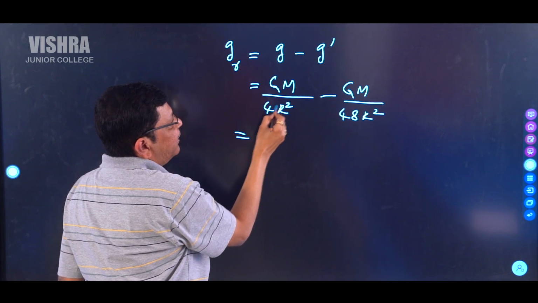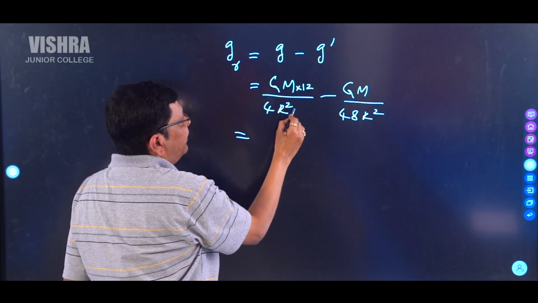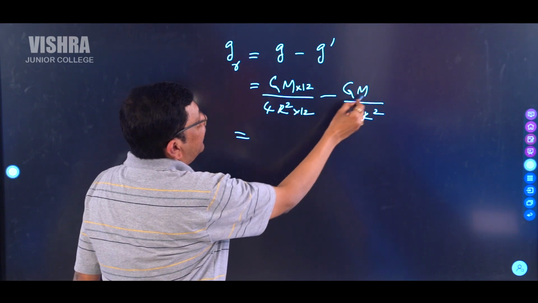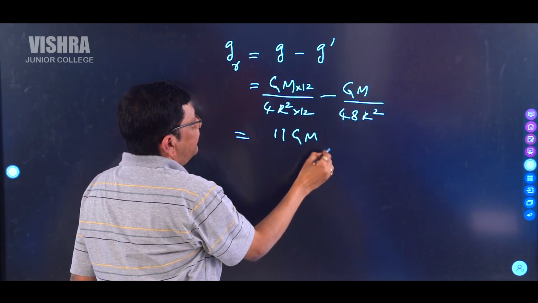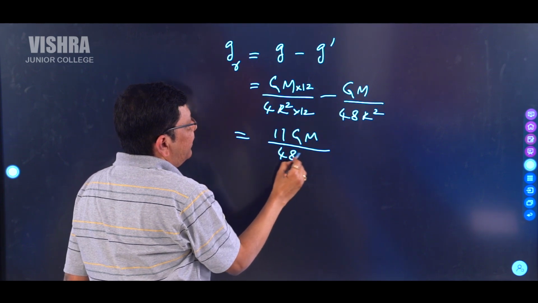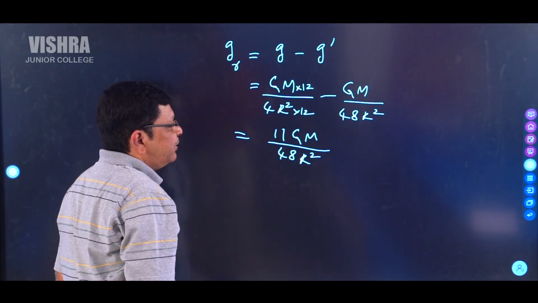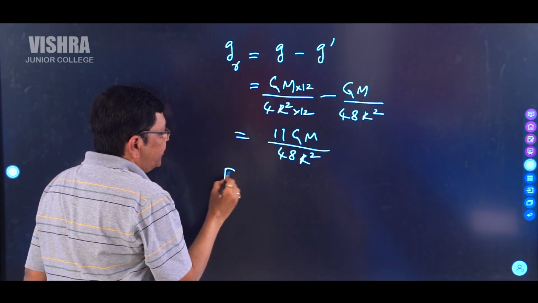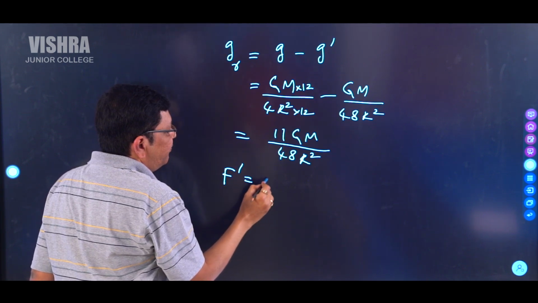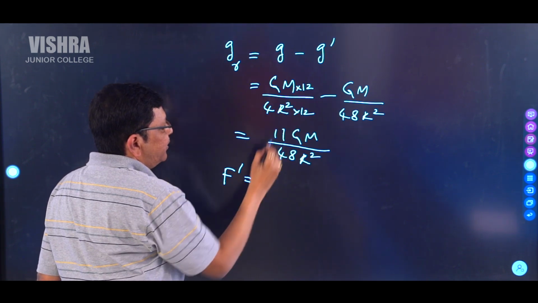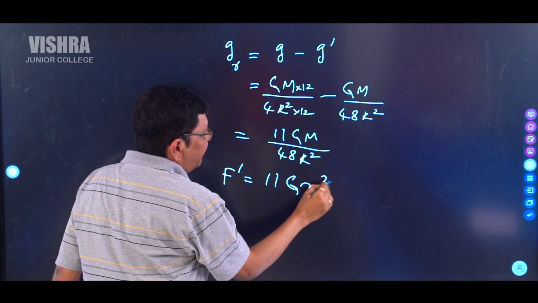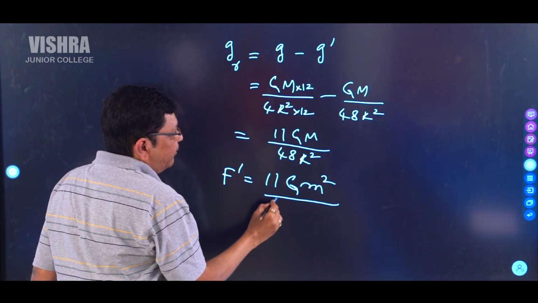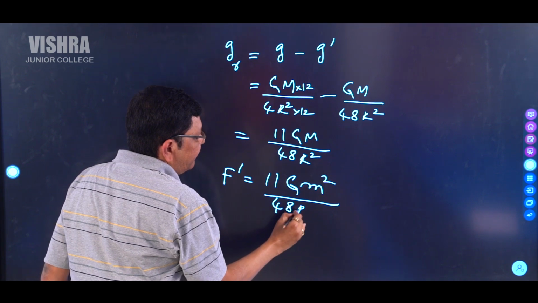Here 12 fours are 48, so I multiply numerator and denominator by 12, and 12 minus 1 is 11 Gm divided by 48 R square. This is the remaining portion. Then the gravitational force due to the remaining portion, F dash, will be gravitational field intensity multiplied by the point mass, that is 11 Gm square upon 48 R square.